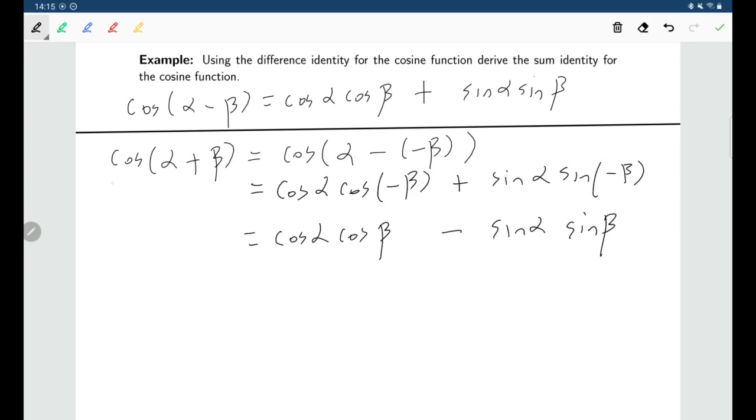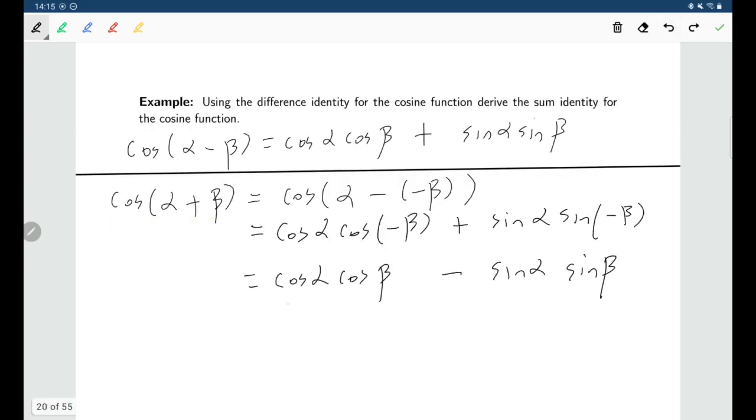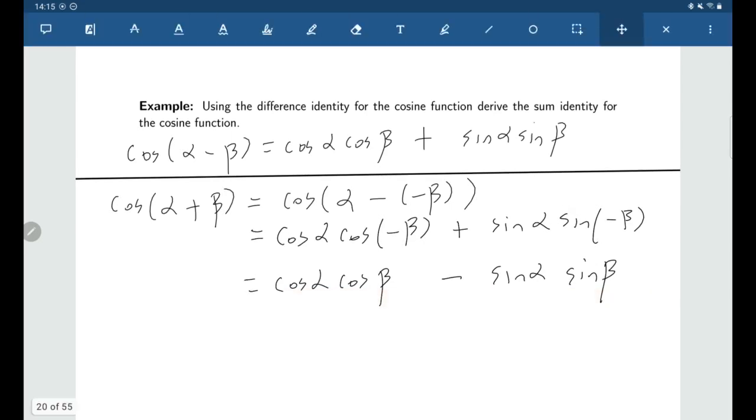And lo and behold, there we go. We have our identity that cos of alpha plus beta is cos alpha cos beta minus sine alpha sine beta. So using our identity for cos alpha minus beta, we've now generated our identity for cos alpha plus beta.